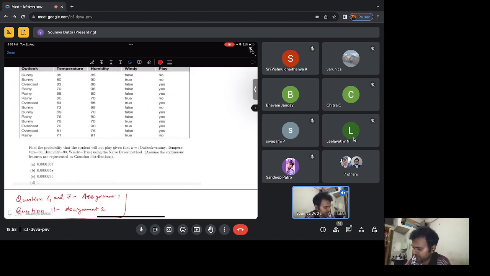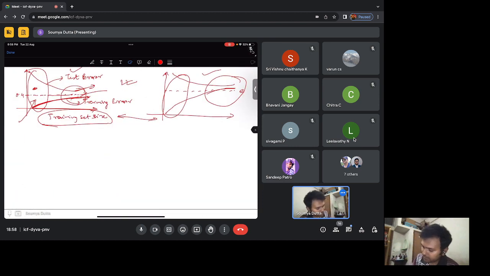Because there is a difference between max and argmax. For example, you have a variable x which lies between -2 and 2, and you say max of x square.